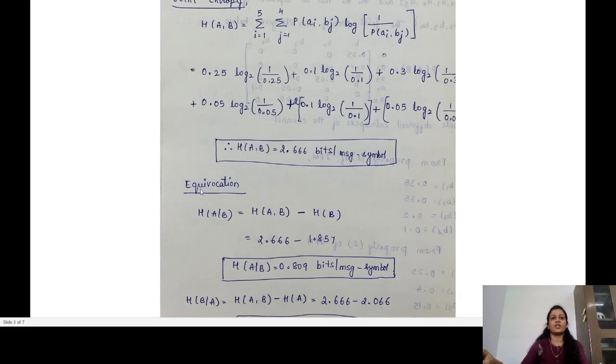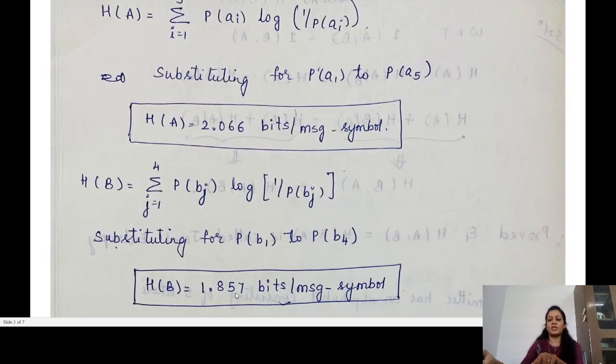Now coming to the equivocation. We have seen what H of A comma B is. This is H of A by B plus H of B, because the probability of A comma B is the probability of A by B into P of B. In a similar way, H of A comma B is H of A by B plus H of B. So if I take H of B to the right hand side, this becomes H of A by B equal to H of A comma B minus H of B. We know the value of H of A comma B, substitute that, and we even know the value of H of B that we derived over here, 1.857.